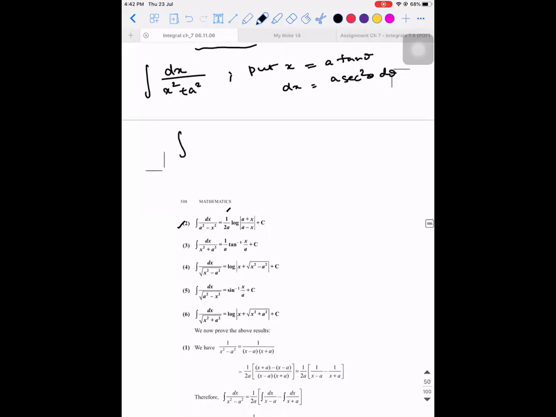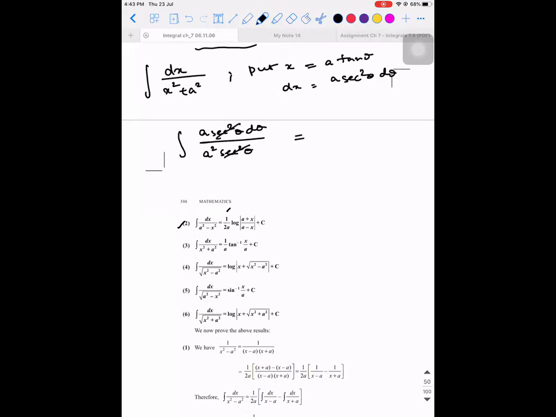So integral of dx is a secant square theta d theta, the whole divided by x square plus a square. That is a square tan square theta plus a square. Do mind calculation and tell me. A square tan square theta plus a square is a square secant square theta.